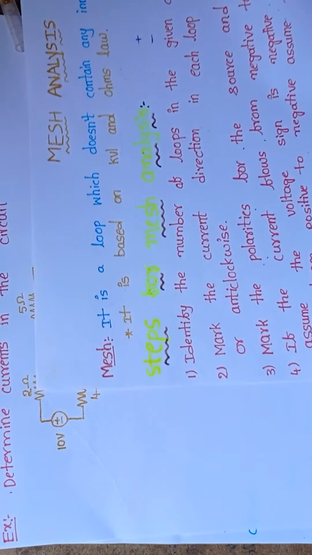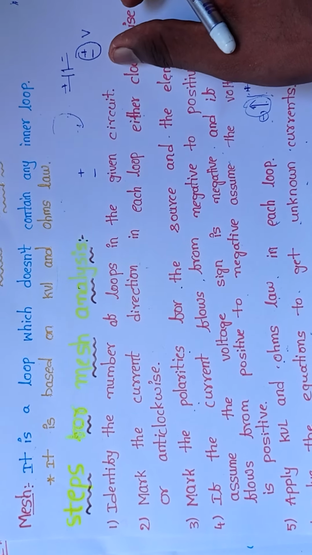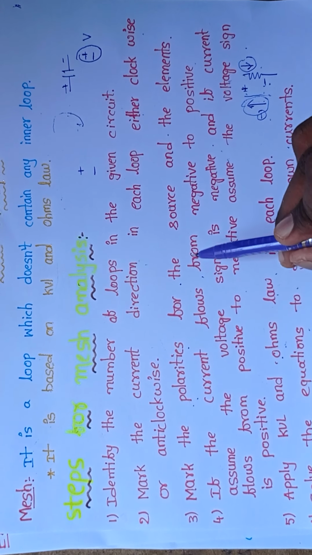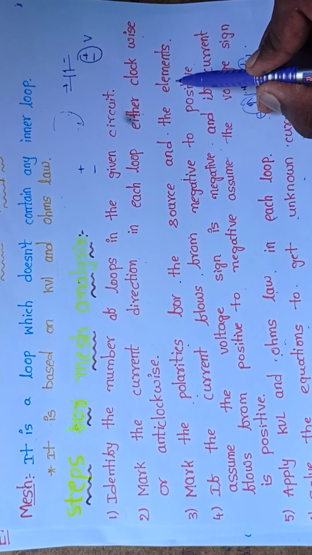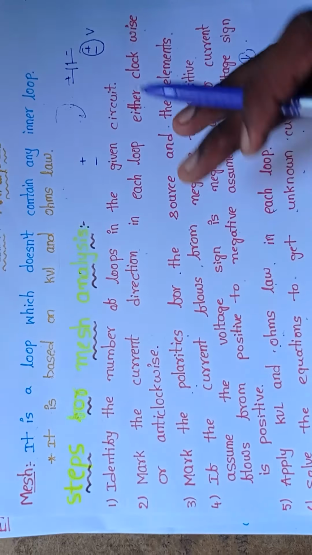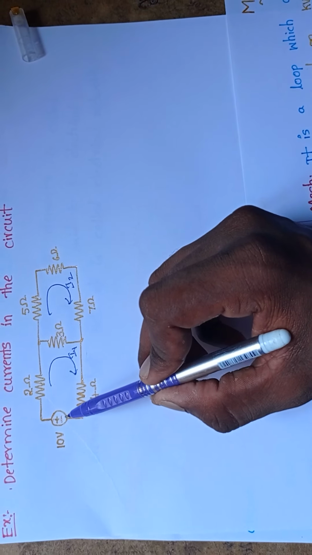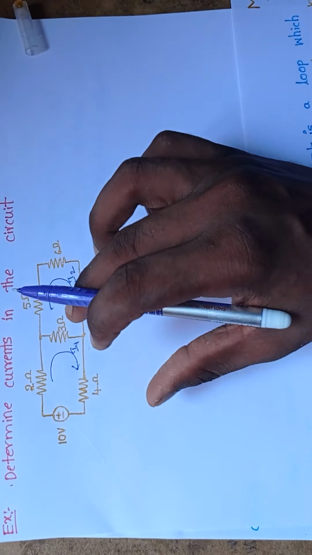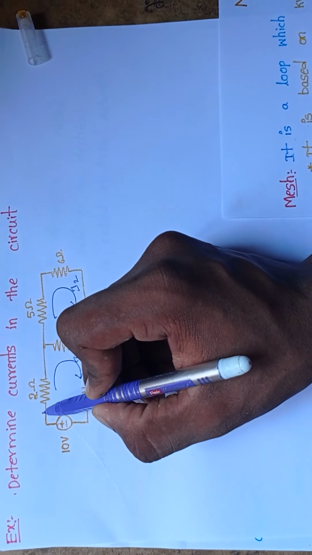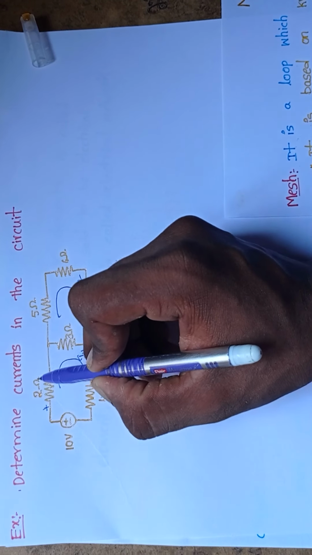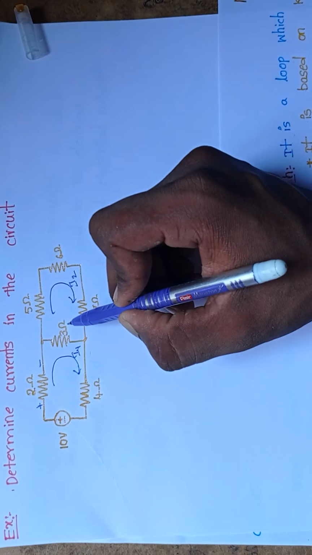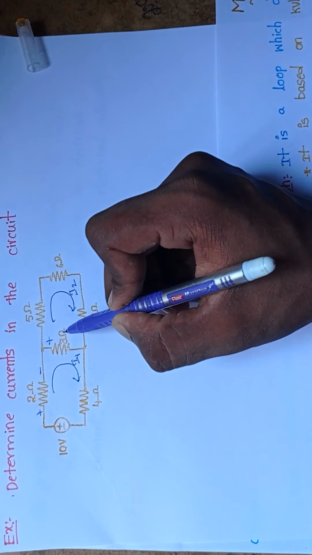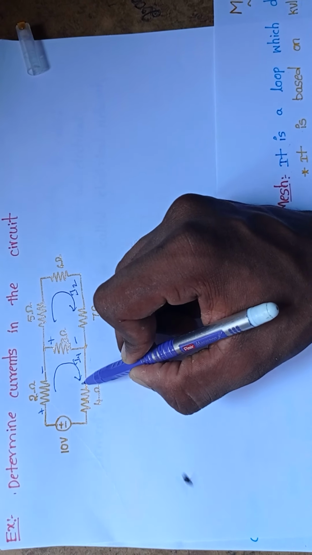Next, the third step: mark the polarities for source and elements. For the source, already marked, this is minus and this is plus. For the elements, we have to mark polarities. Let this be plus and minus, and this plus and minus.